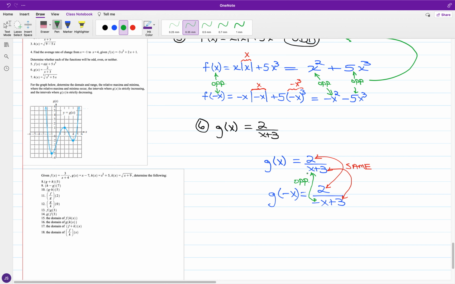Some of the terms between g of x and g of negative x have the same terms, but you also have opposites. So you have a coexistence of opposites and same terms in the comparison. Turns out that g of x equals 2 over x plus 3 is neither odd nor even.